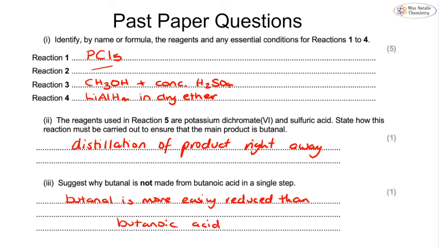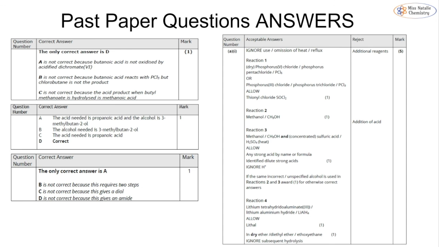So our carboxylic acid is less easily reduced than our aldehyde. So our aldehyde will automatically always go to the alcohol, or we can't stop the reaction at the aldehyde. So we have to make some sort of reference that it can't be stopped. So we have to allow it to go back to the alcohol and then oxidize it.